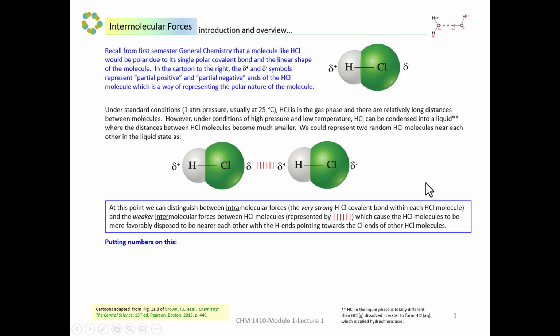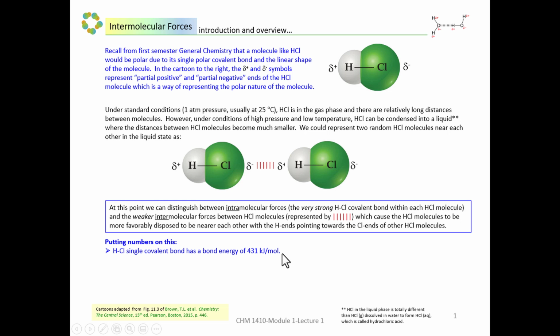We can put some numbers on the intra and intermolecular forces in HCl molecules. The bond energy of a single HCl covalent bond is 431 kilojoules per mole.